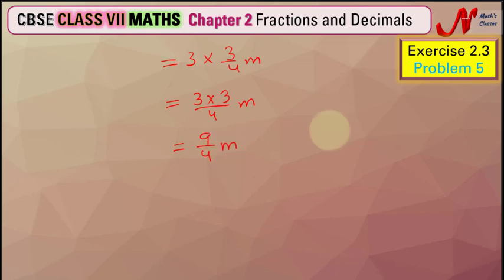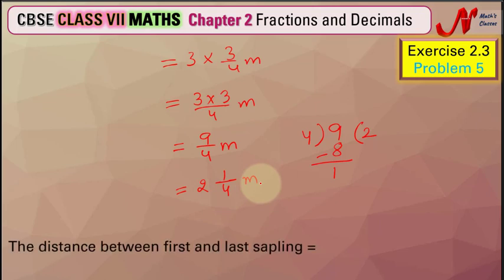This can be written as a mixed fraction by dividing the numerator 9 by the denominator 4. 4 twos are 8. Subtracting, we get 1. So 9 by 4 can be written as 2 1 by 4 meters. So the distance between the first and last sapling is 2 1 by 4 meters.